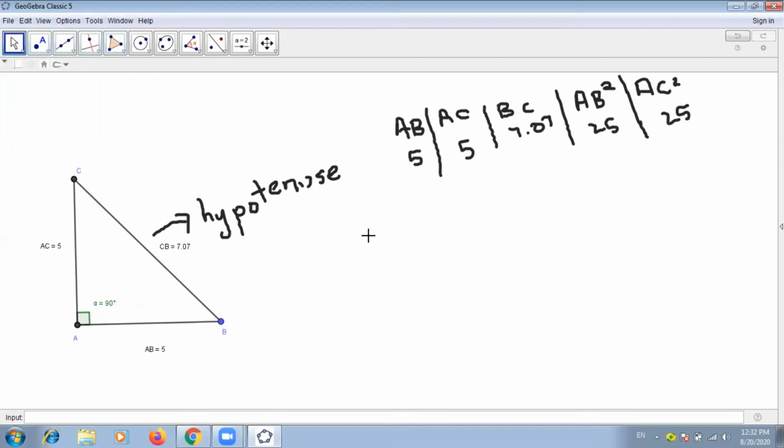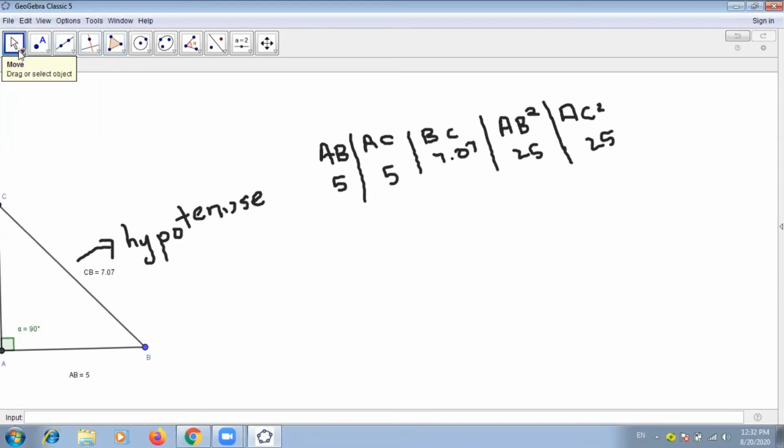And then finally BC square equals 49.97, that is almost equal to 50.